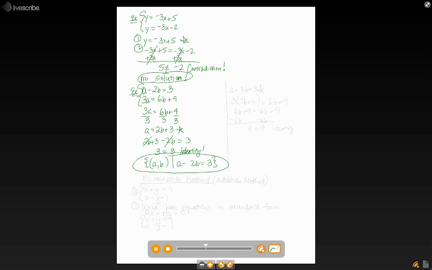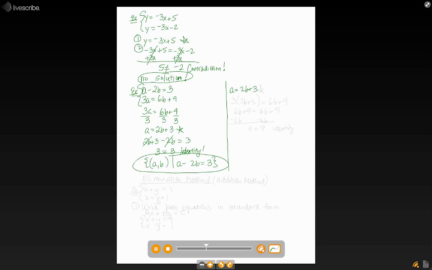Is the other one 9 equals 9? If we had done it the other way, if instead of solving for this A, I solve for that A, I would get A equals 2B plus 3.